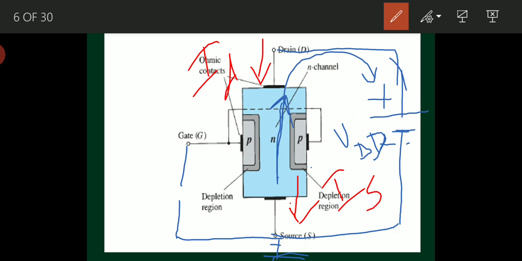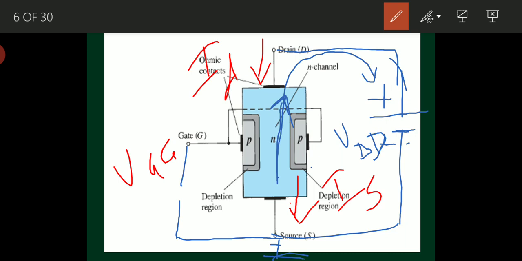Okay, so likewise I have to give the voltage supply VDD. Then what about the voltage source at the input, VGG? I call it VGG.